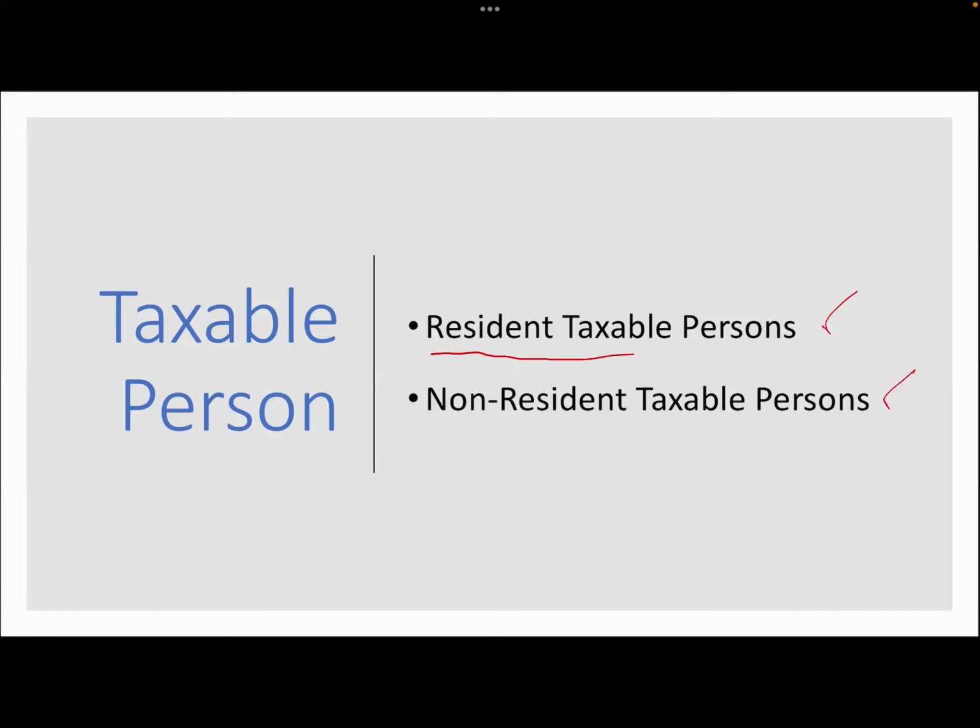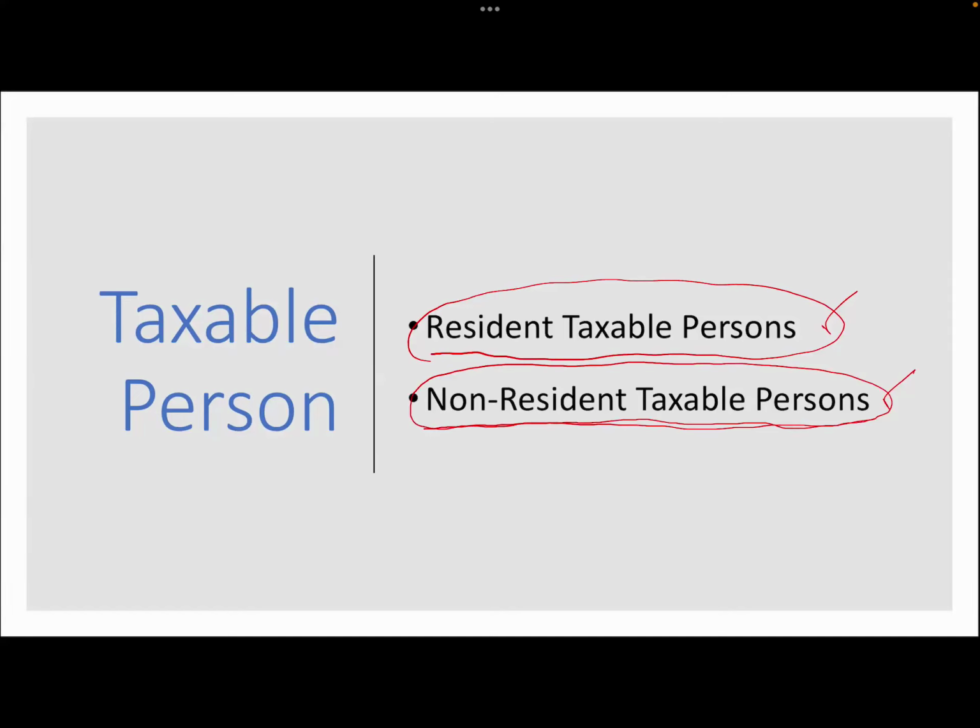The companies which are not situated in the UAE but are incorporated outside the UAE but controlled and managed in the UAE are called non-resident taxable persons. So we'll talk about it in the upcoming slides. But for now, just remember who the taxable persons in the UAE are: one, resident taxable persons; the second, non-resident taxable persons.